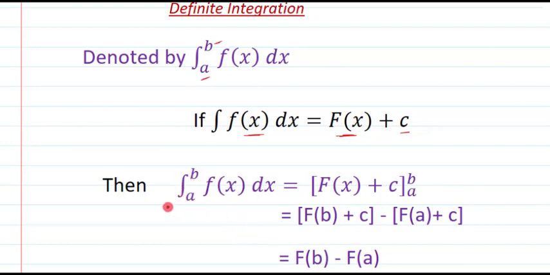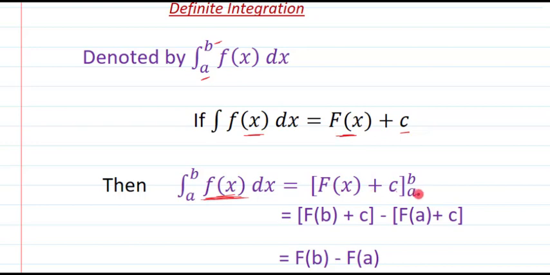So the integration from a to b of f(x) dx is equal to, as I told you, first of all we will calculate the integration of this function f(x). If the integration of function small f(x) is capital F(x), then this can be written as F(x) plus c.